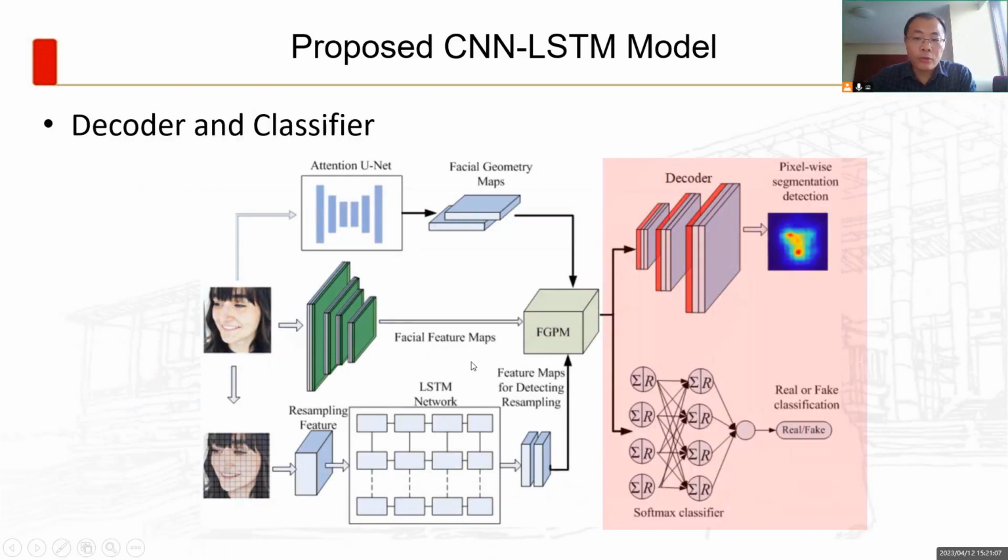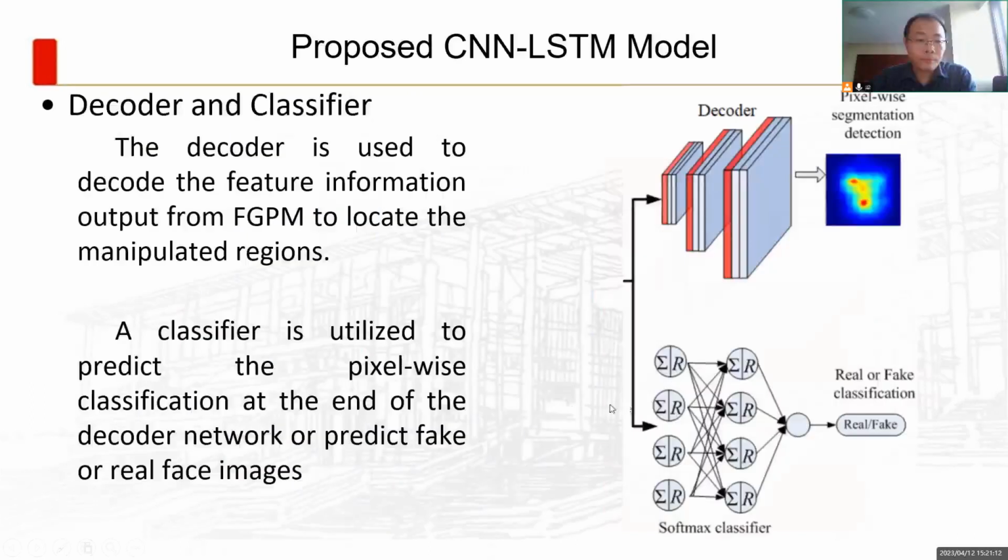At last, we need to introduce the decoder and classifier. The decoder is used to decode the feature information output from FGPM to locate the manipulated regions, as shown here. And a classifier is utilized to predict the pixel-wise classification at the end of the decoder network, or predict fake or real face images, as shown here.